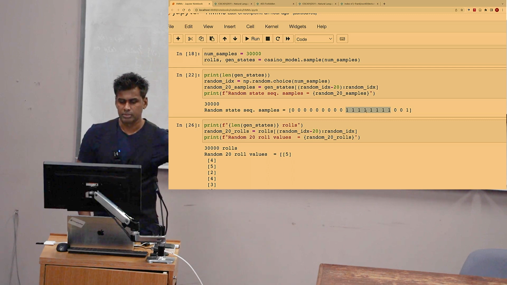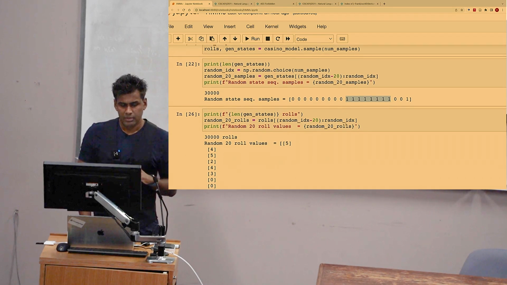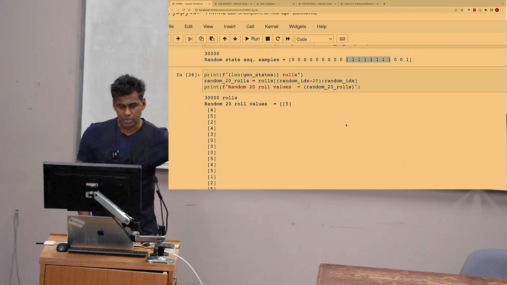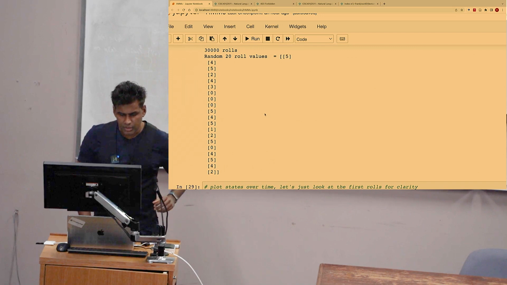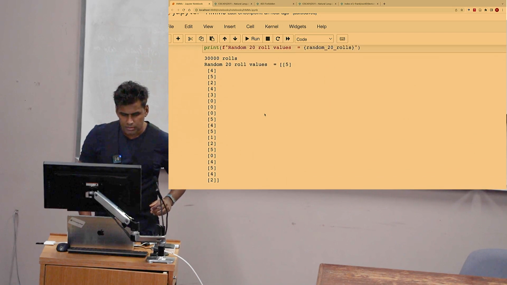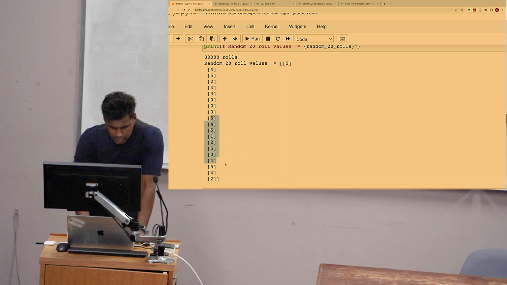In this case, I would say we would see 3 or 4 fives being rolled. 5 or 6? It's 0 indexed, so when you see 5, it's 6. Okay, everyone with me? So this is the corresponding 20 rolls, and here I think there are 4 fives.